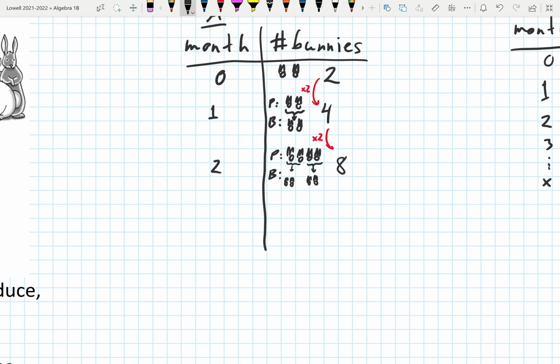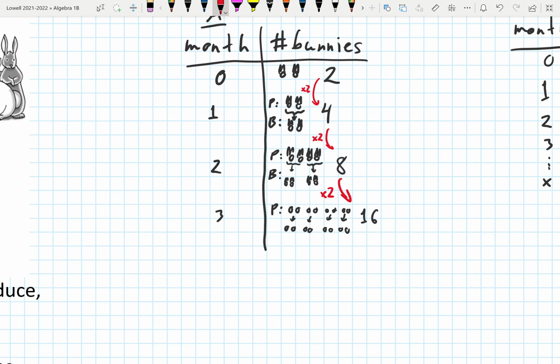So let's at least keep that in mind. For the 3rd month, I have 1, 2, 3, 4, 5, 6, 7, 8. I'm not going to draw the ears. That's going to take me a little too long. But again, this pair has 2, 2, 2, 2. So I have 1, 2, 3, 4, 5, 6, 7, 8. And so yes, we will have 16 bunnies, and I think it makes sense then that our pattern is times 2.